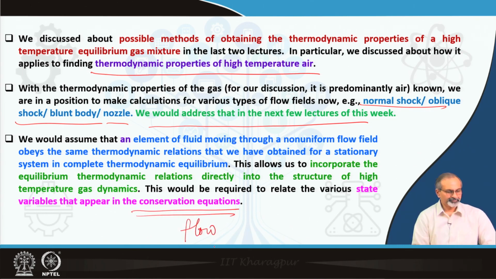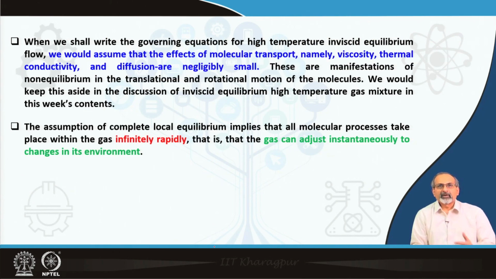When we shall write the governing equations for high temperature inviscid equilibrium flow, we would assume that the effects of molecular transport, namely viscosity, thermal conductivity and diffusion, are negligibly small. That is what we do when we look at it from an inviscid point of view.